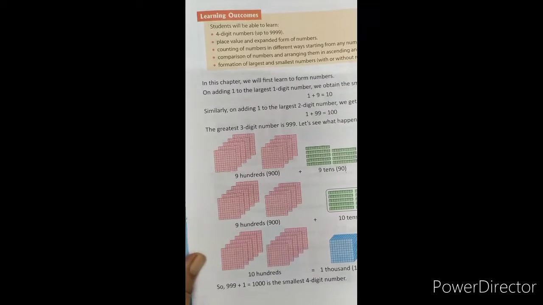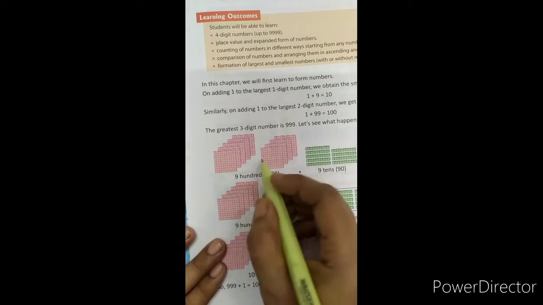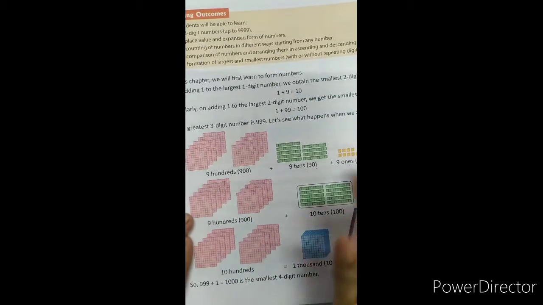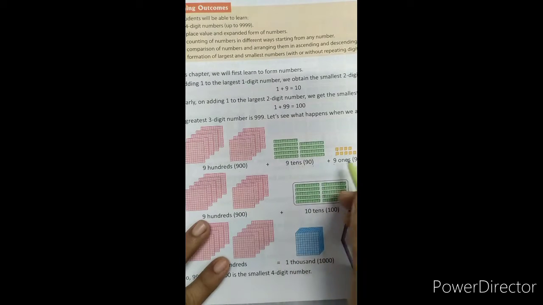Now, if you look at the figure, you will find that 9 hundreds means 900, 9 tens means 90, 9 ones means 9, and after that 1 means 1.